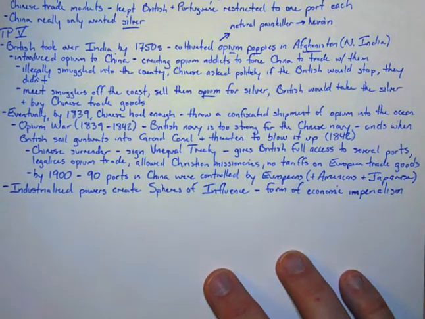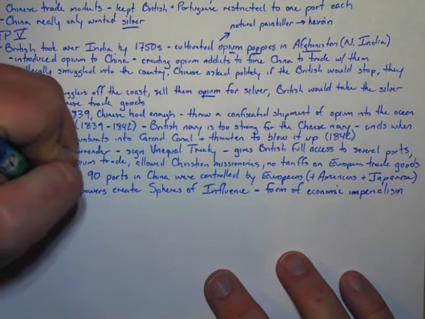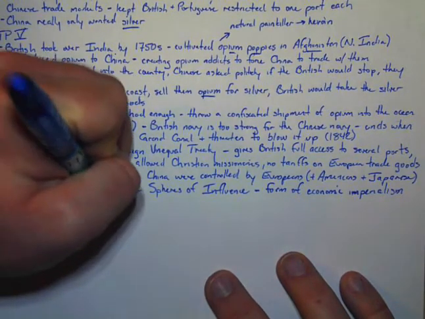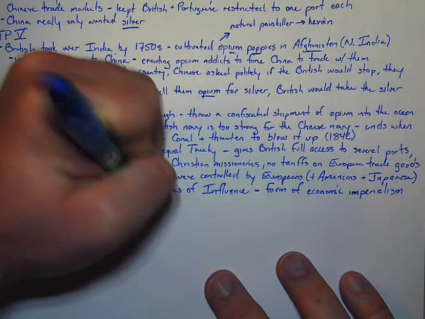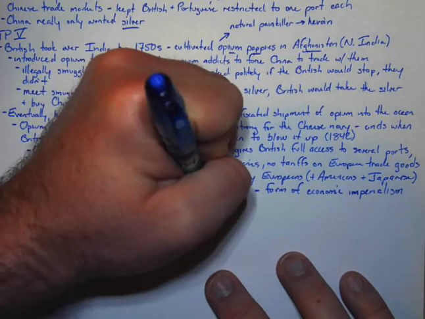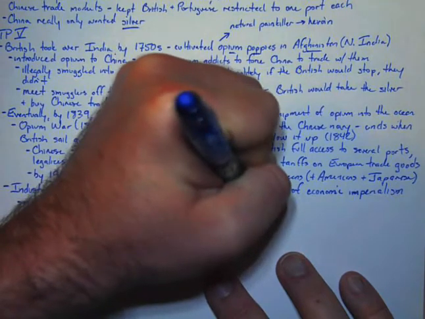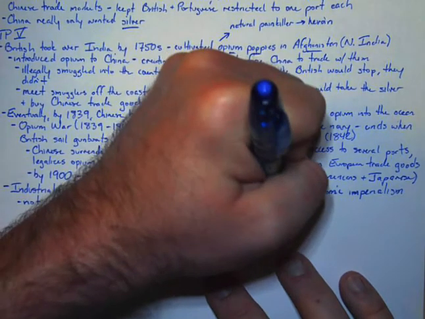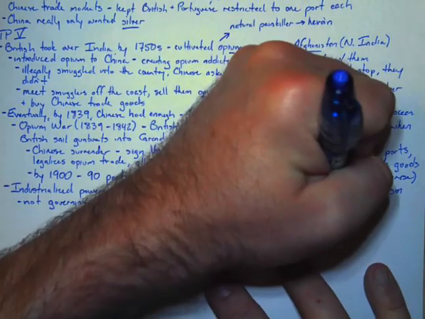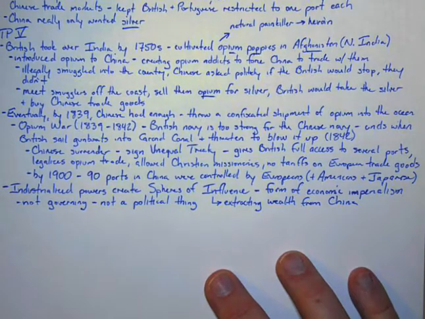So what does that mean? They're not governing. So this isn't a political thing. Spheres of influence are a way of extracting wealth from, in this case, China, but you could do this anywhere.